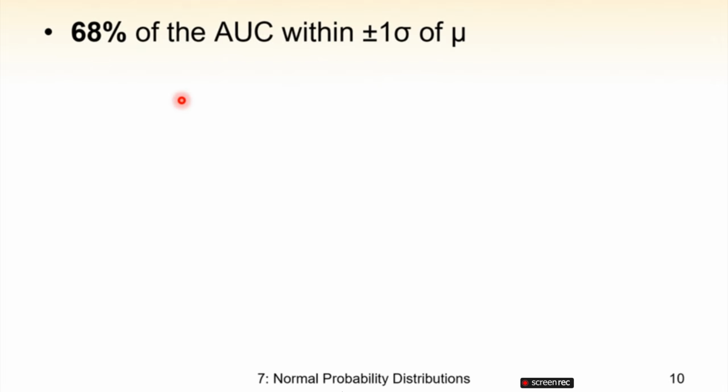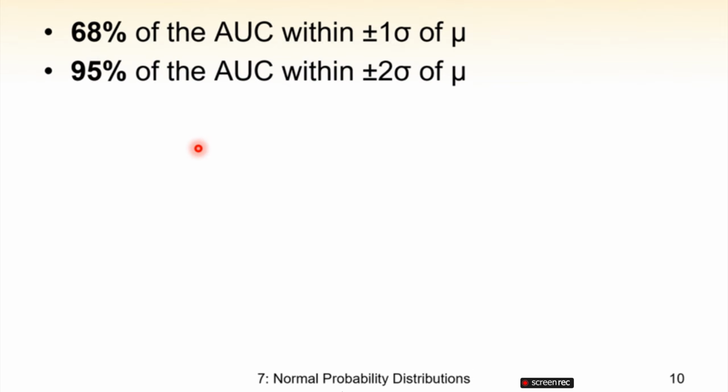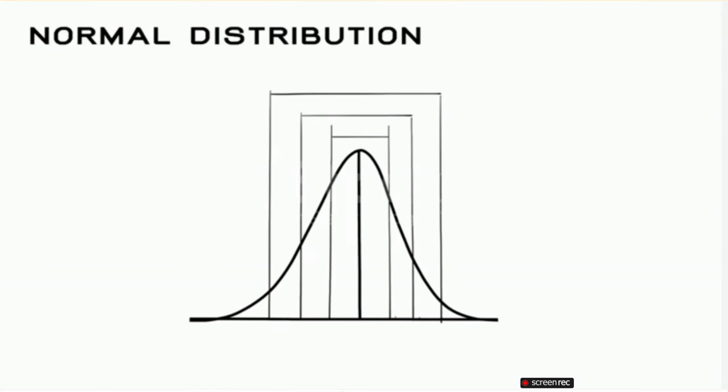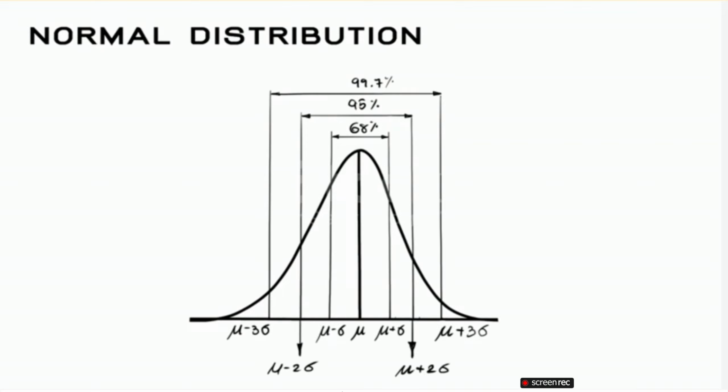Now we're going to talk about the 68, 95, 99 rule for normal distribution. What does it actually mean? Usually when you see the curve that we have drawn earlier on, you will realize that that curve has an area under it. We can describe the area under this curve based on a mathematical formula. 68% of the area under that curve actually falls between plus and minus one standard deviation of our mean.